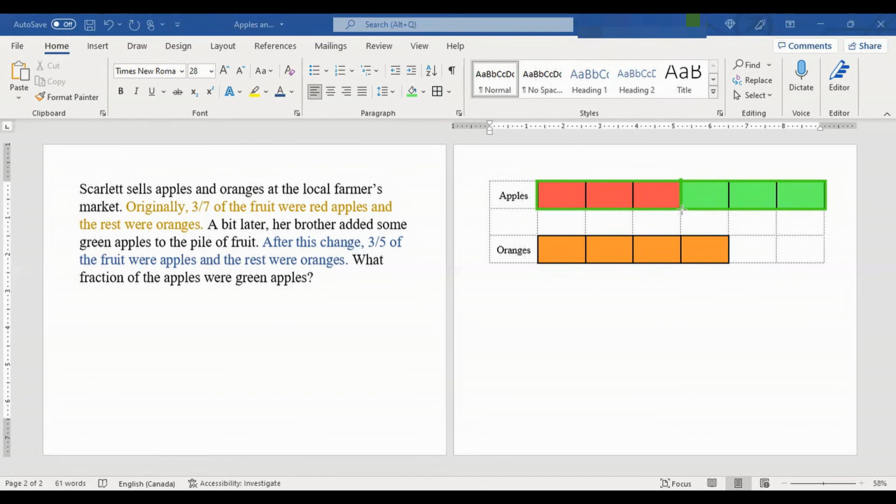So the green apples take up 3/6 of the total number of apples. 3/6 is also 1/2. So we can write for a final answer, half of the apples are green. And there we go. That's our answer to this question.